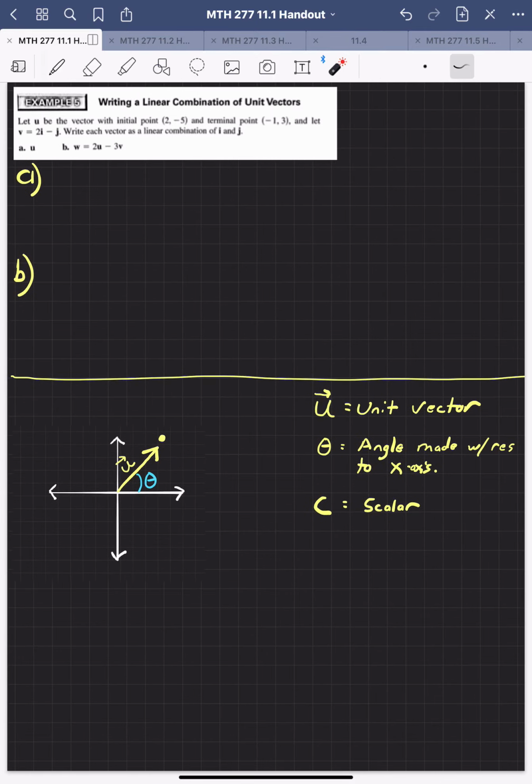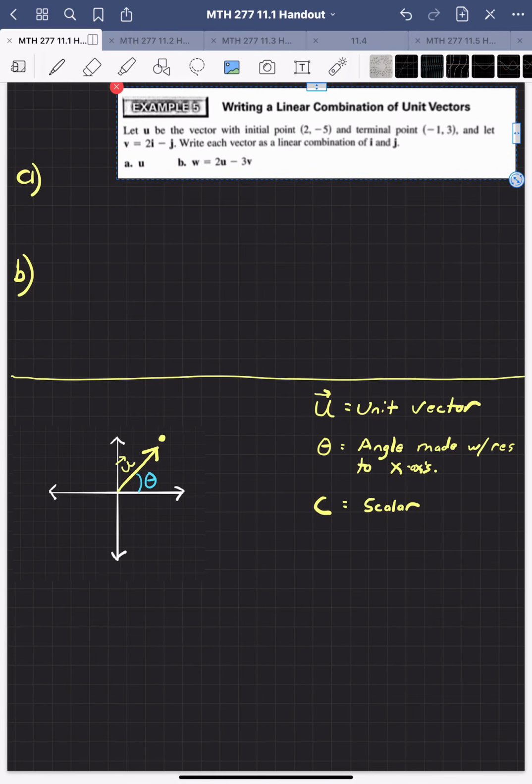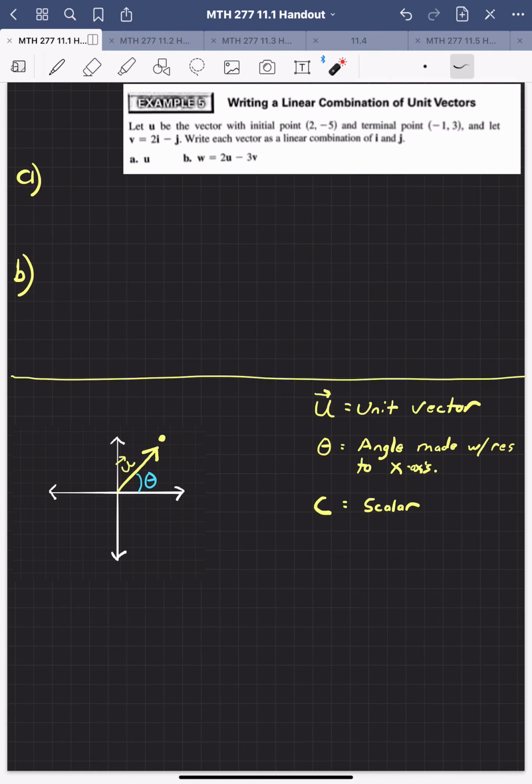All right, well, let's actually put some of this to use. Ready? So example 5, I'm going to see if I can make that just a little bit larger. So let me read. It says, let u be the vector with the initial point of 2, -5 and the terminal point of -1, 3.